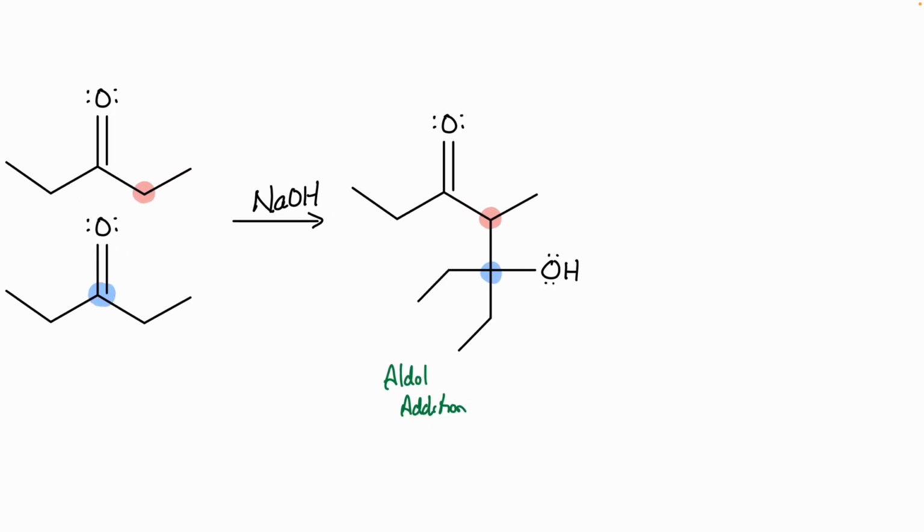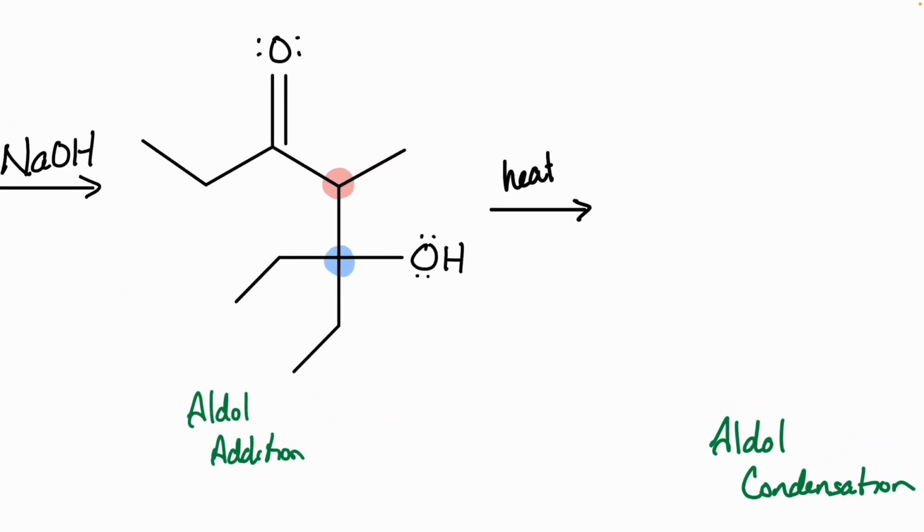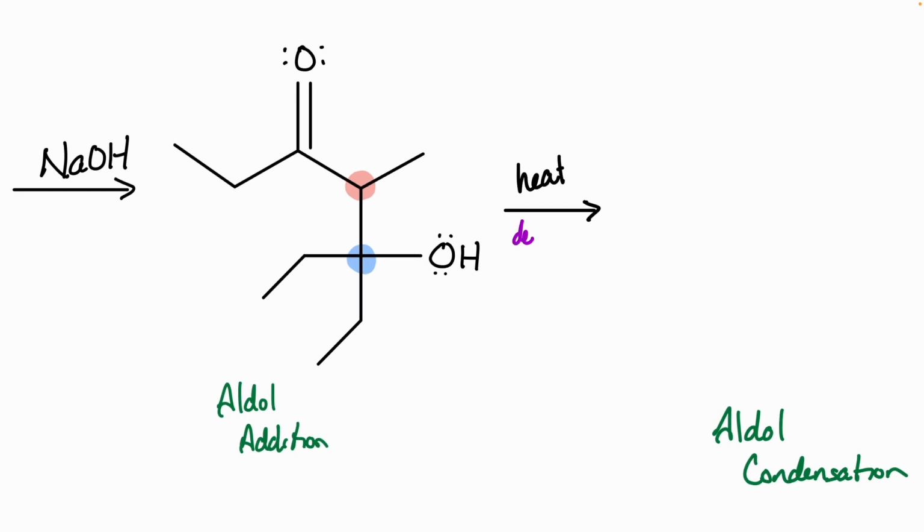These reactions are often paired with a follow-up reaction. If we carried out this same process in the presence of heat, we wouldn't get the aldol addition product, but rather what they call the aldol condensation product. What heat is going to do is give us a dehydration reaction where we lose our alcohol group and replace it with a carbon-carbon double bond.